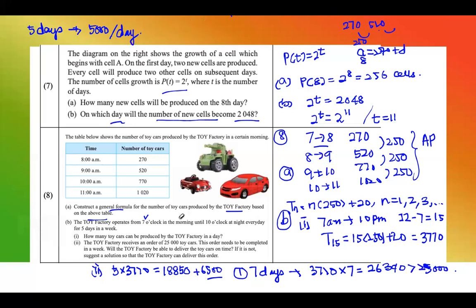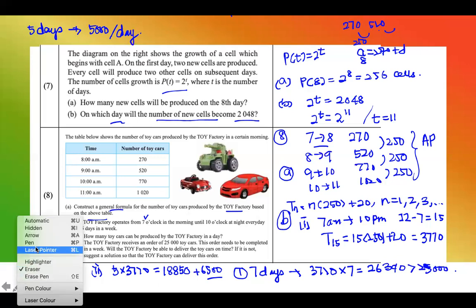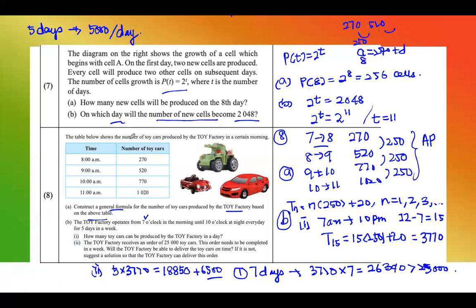So we can use this formula to calculate how many hours we need to operate. We operate more hours per day rather than working 7 days. So we use Tn equals 5,000.